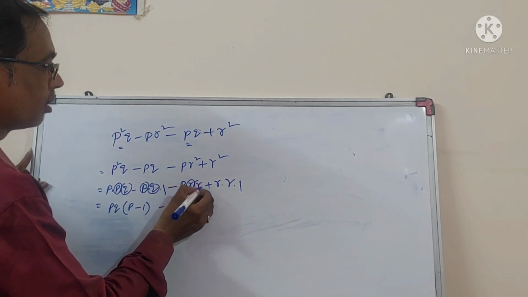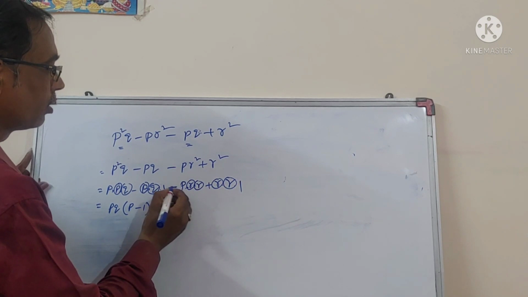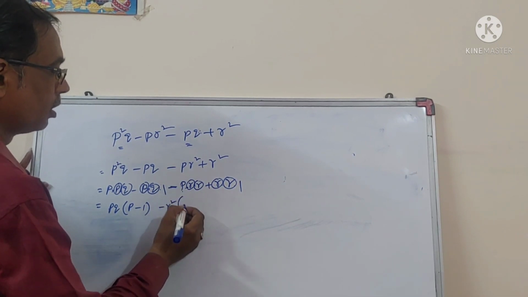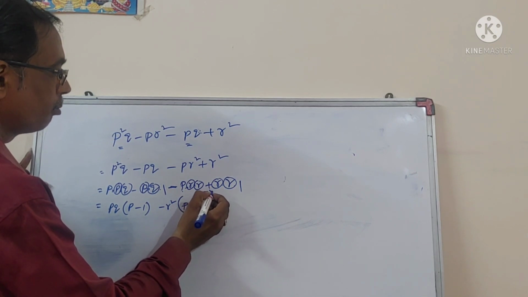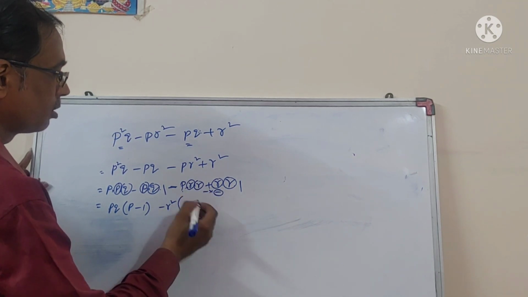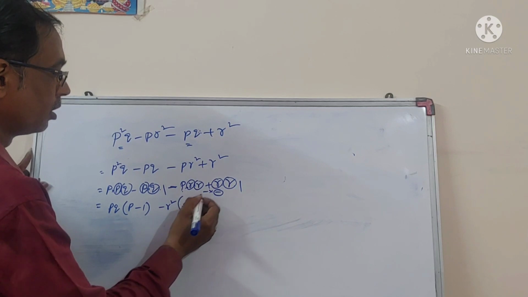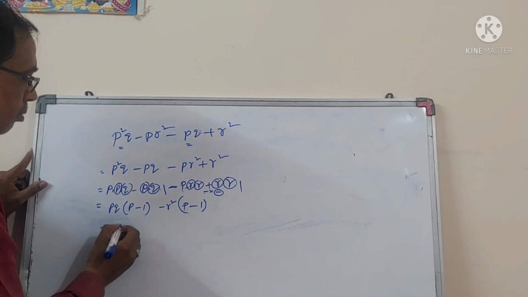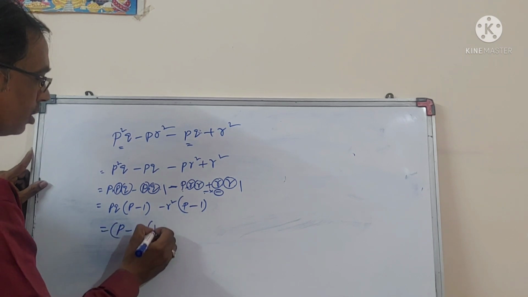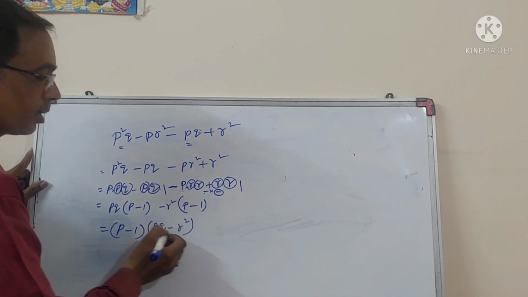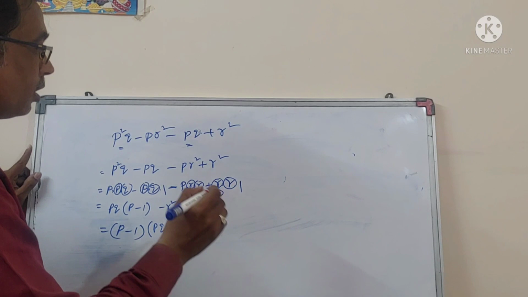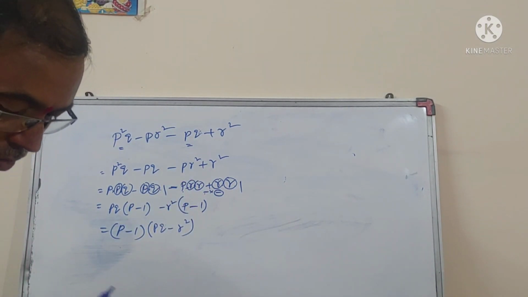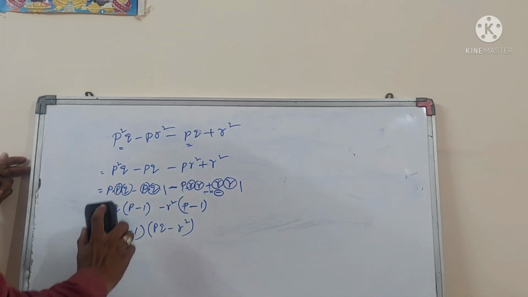Then minus r square is taken outside, remaining with p, and here plus, nothing but minus into minus, this minus is also taken outside, minus r square, so here remaining with minus 1. So overall p minus 1 is common: p minus 1 into pq minus r square. Like this we can factorize by the method of grouping the terms.